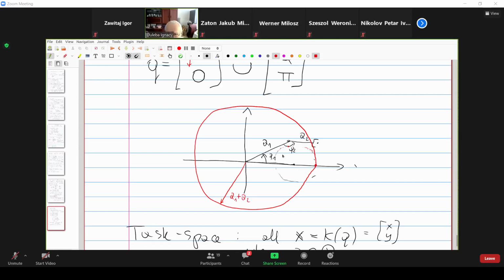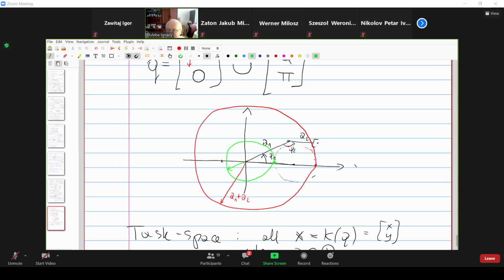Okay, but what would be the image of this point if I try to rotate it by Q1? So what would it be? Can someone help me? It would also be a circle. Okay, but a little bit more complicated case is what would be the radius of the circle.